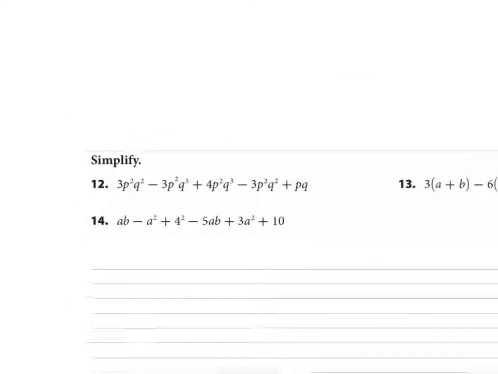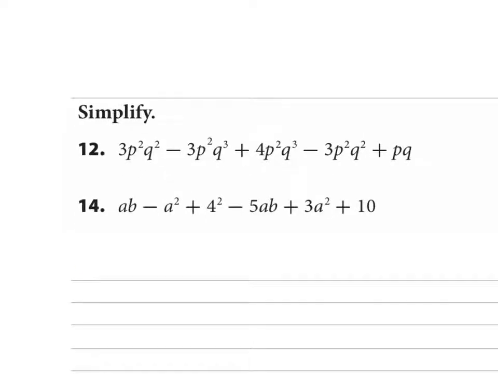If we look at those next examples for 12, we have 3p squared q squared minus 3p squared q to the 3rd plus 4p squared q to the 3rd minus 3p squared q squared plus pq. So the 3p squared q squared minus 3p squared q squared are going to cancel.